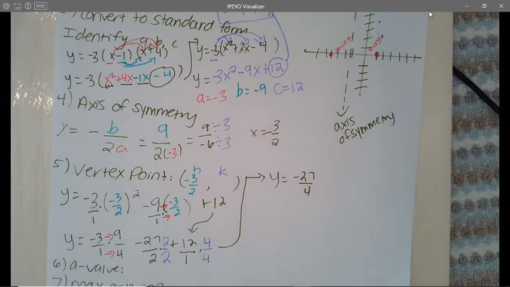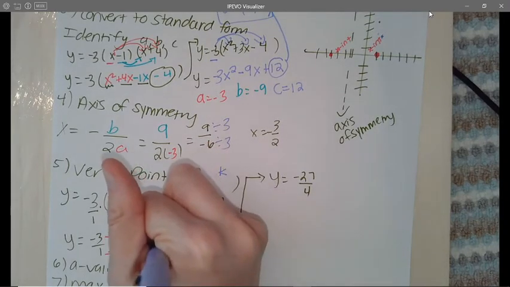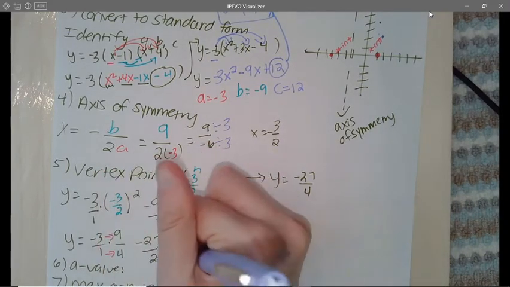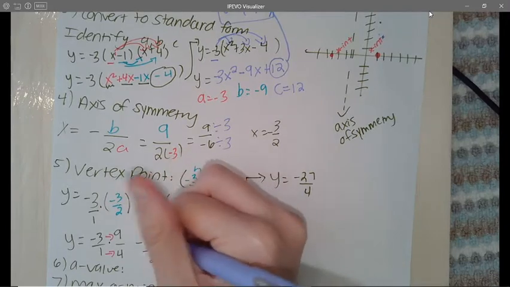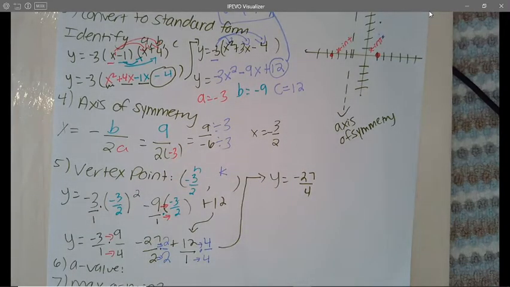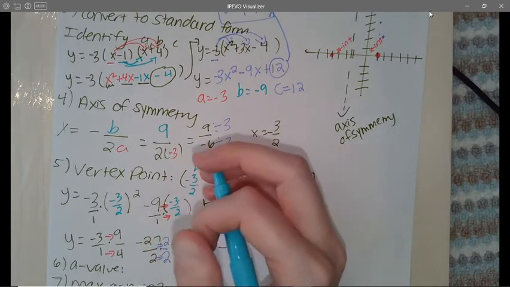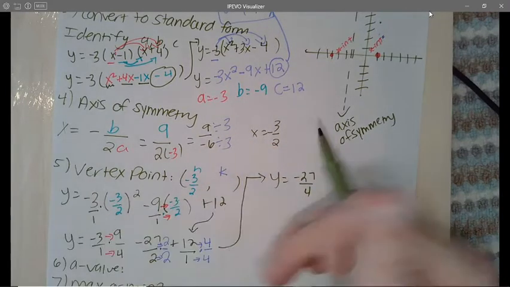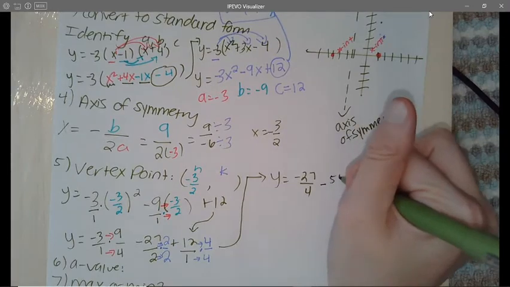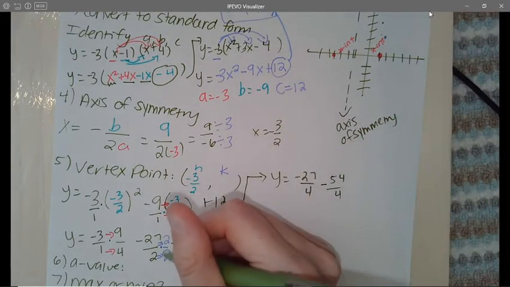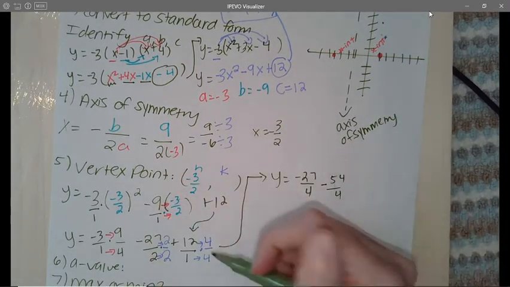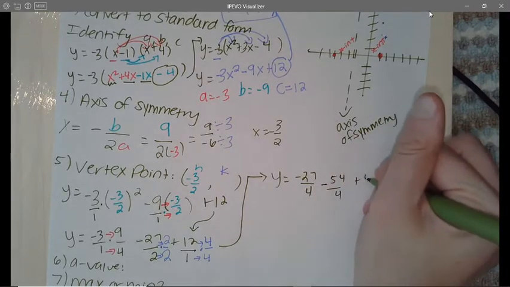And now that I have fractions being multiplied, I'm just going to go straight on across when I multiply. So -27 times 2 is going to be, let's see here, -54, pretty sure. I'll double check. Yeah. And then 12 times 4 is 48.